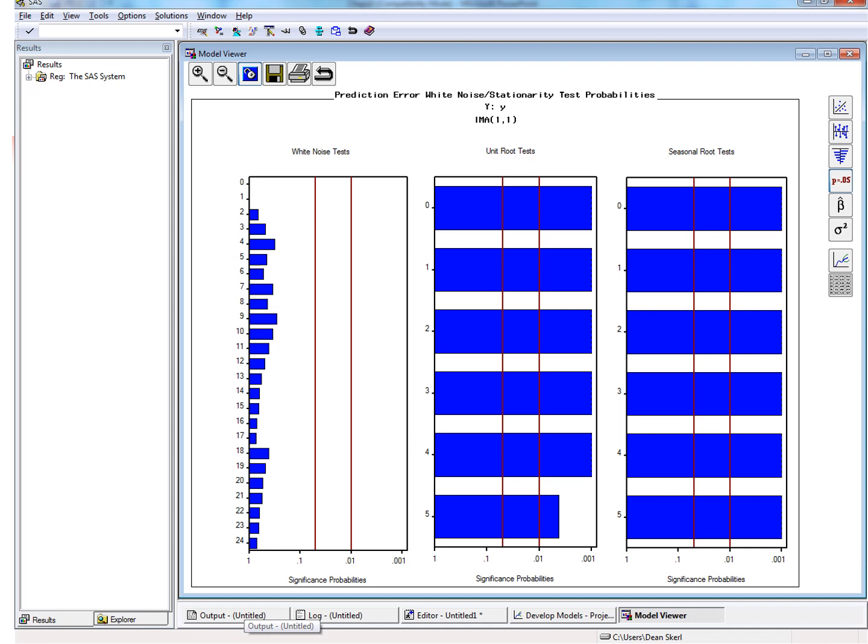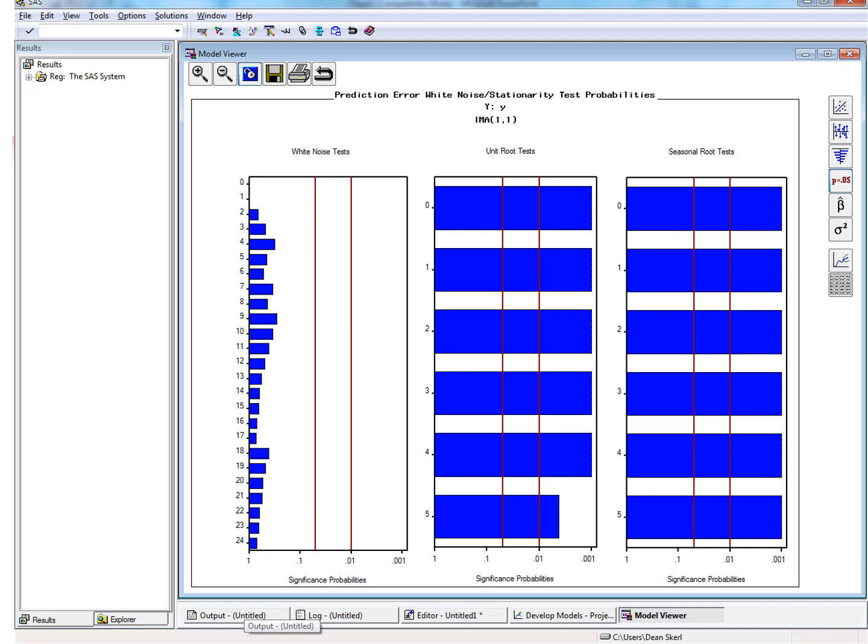Now, how do I get this thing right here? If you look over on the right hand side, we have our buttons there on our time series dashboard. If you click where it says P equals 0.05, you'll get something that looks like this. And this gives us the Ljung-Box test.